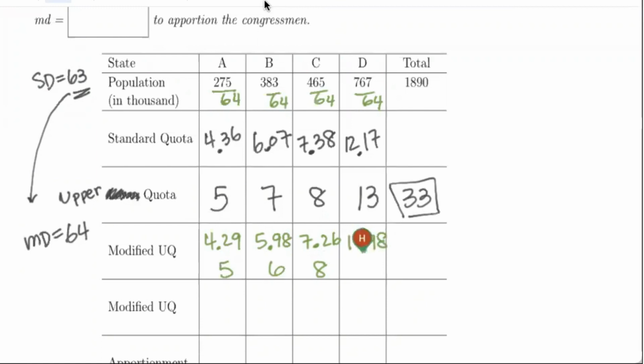This is 12. Everybody round up. Still 31. This is slightly higher than what we have. Agree?